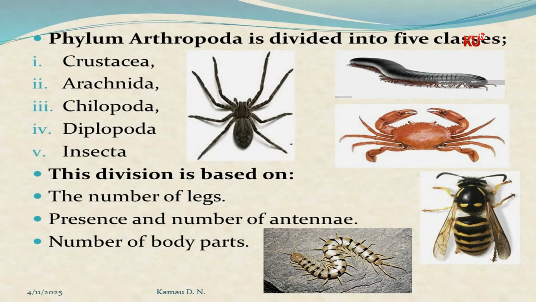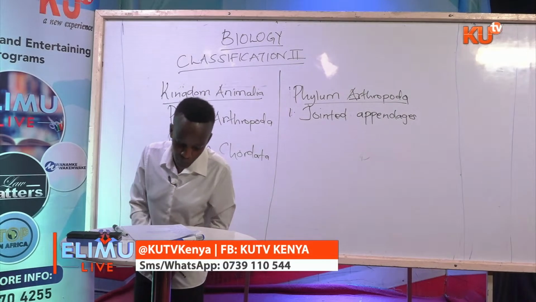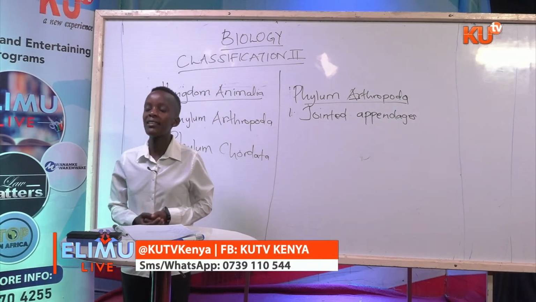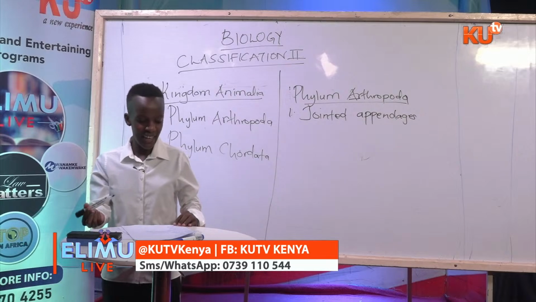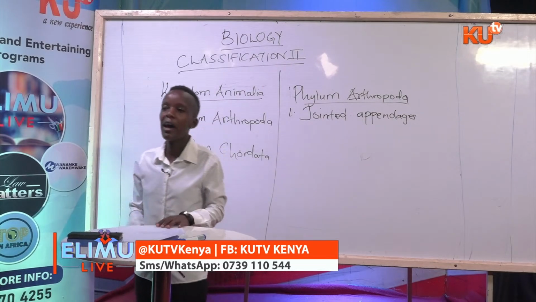Now, another basis we consider under Phylum Arthropoda is the number of body parts. The body parts can either be 2 body parts or 3 body parts, depending on the class which we are discussing. Learners, welcome to our classes in Phylum Arthropoda.